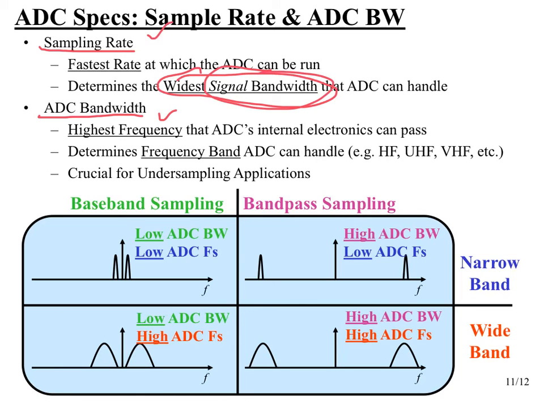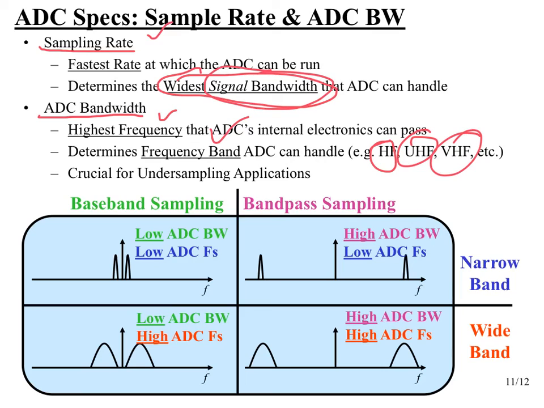So if you try to apply this to a very high center frequency signal, your A to D converter may not have a bandwidth that will even pass that kind of signal. So this determines the kind of frequency band you can operate in, for example HF, UHF, VHF, etc.